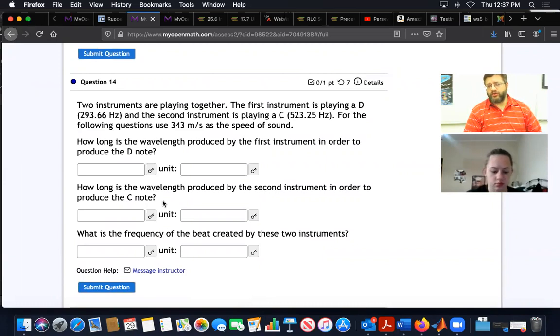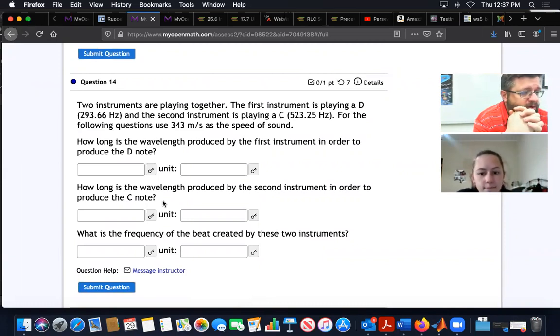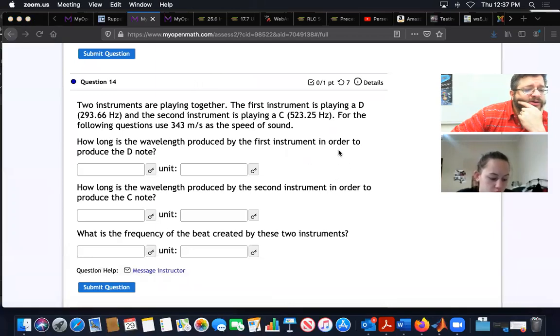So here we have two instruments playing two notes, and they want to know what is the wavelength, and they tell us the frequency. So what would you do to calculate that? There is this equation that relates three things.